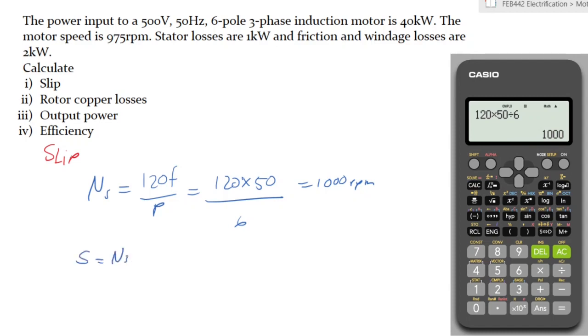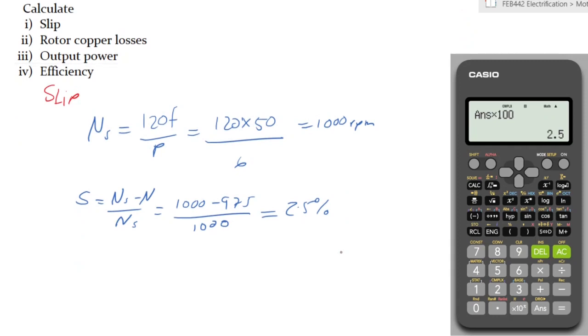We look for slip, (NS minus N) over NS, which is 1000 minus, we were given motor speed as 975, over 1000. So 1000 minus 975 divided by 1000 times 100% gives us 2.5% slip.